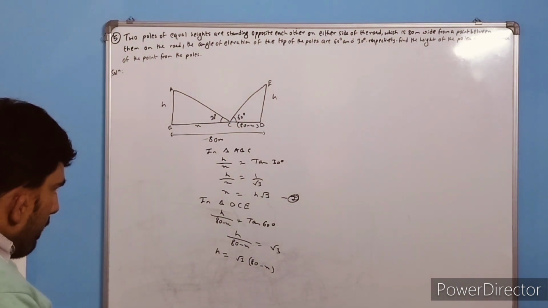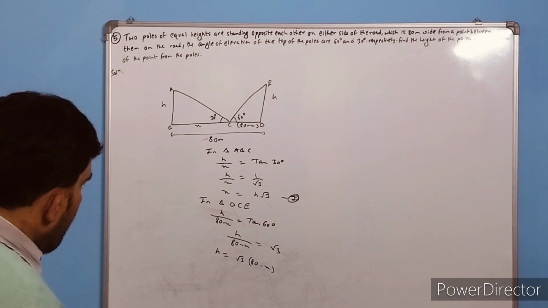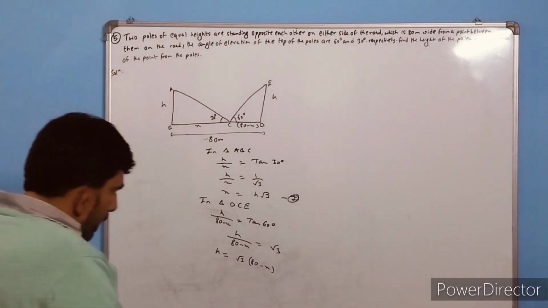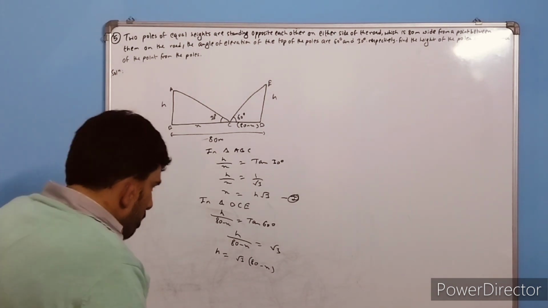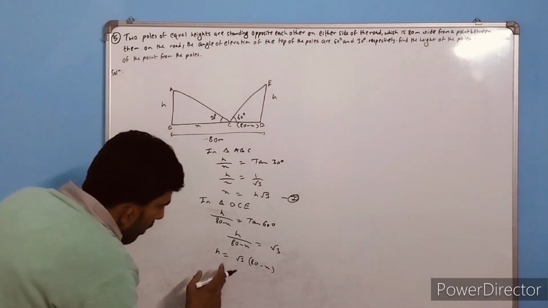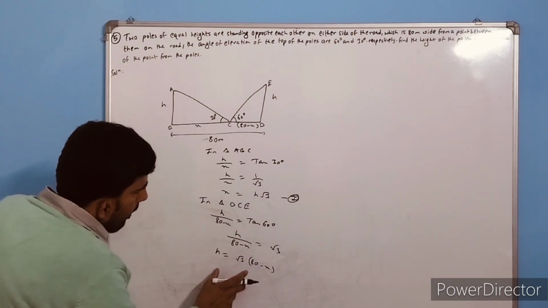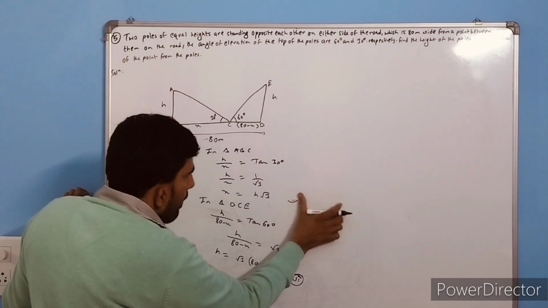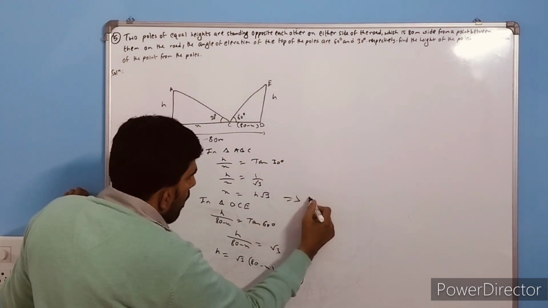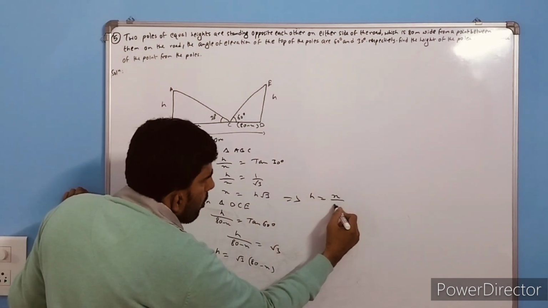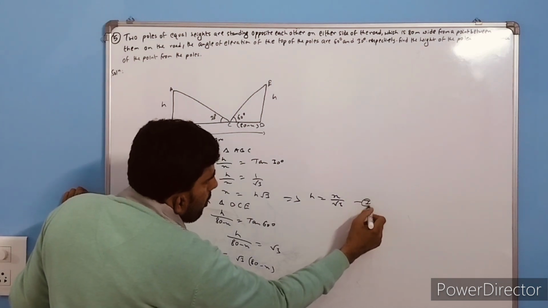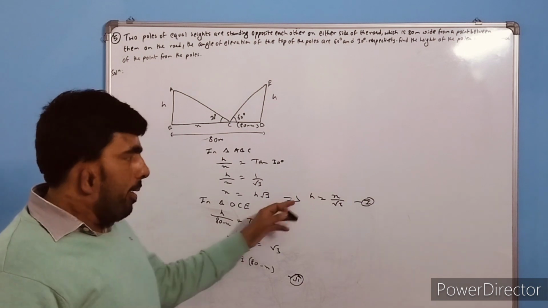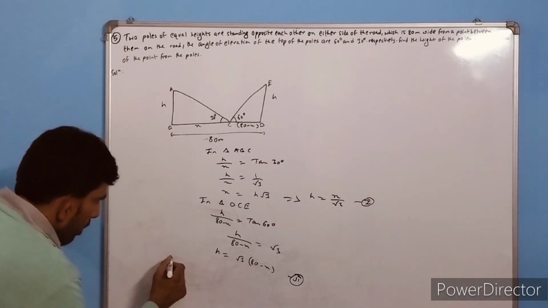So now what can we do? From here we can find the height. This is called the second, and this one the first. So h is equal to x upon root 3 from the first. Now just equate the heights.